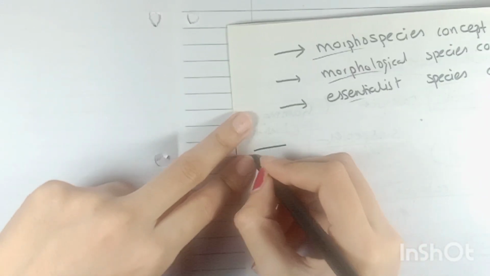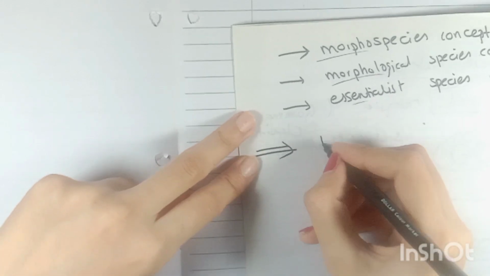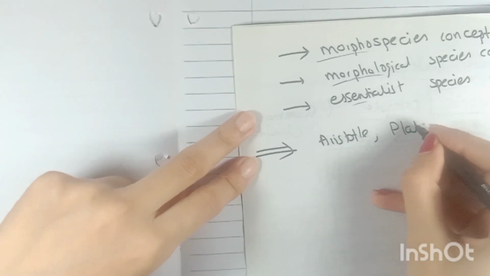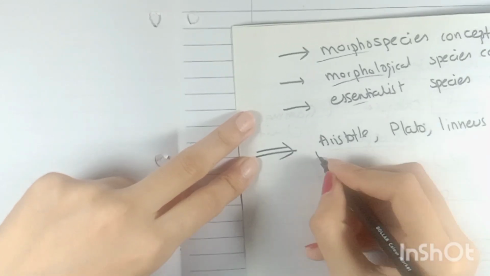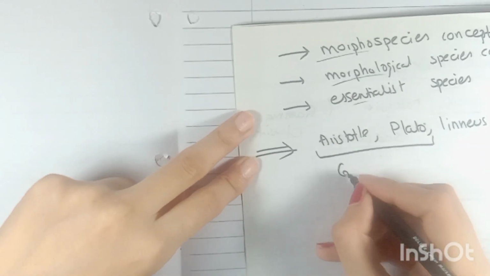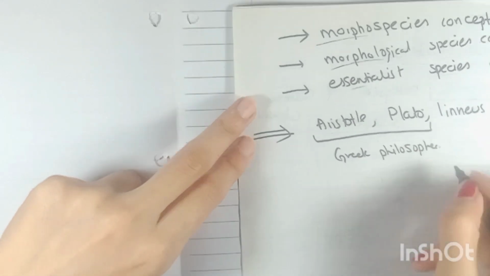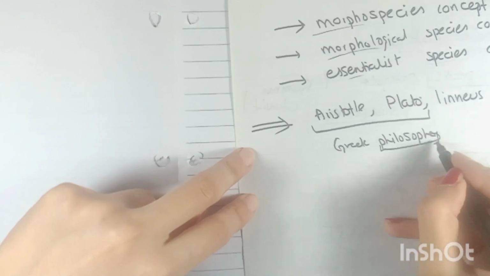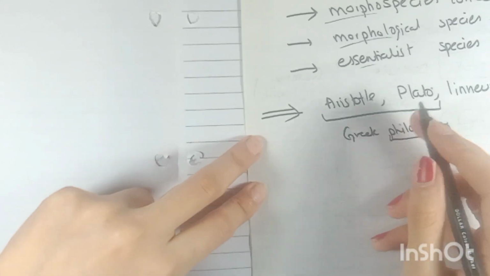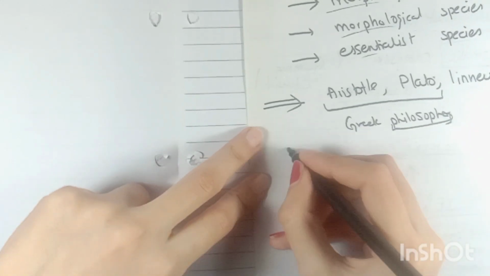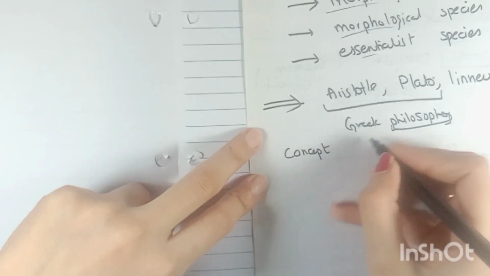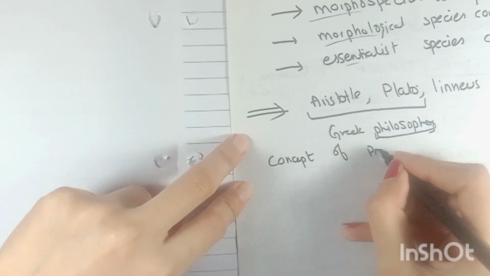It was proposed by Aristotle, Plato, and Linnaeus. These are the ancient Greek philosophers. So this concept is related to philosophy and not science, and this is the concept before Darwin, the concept of the pre-Darwinian period.